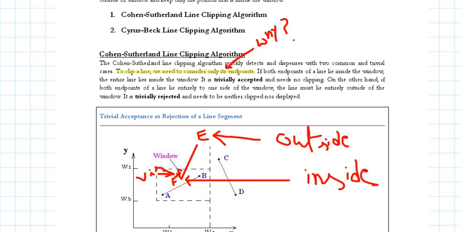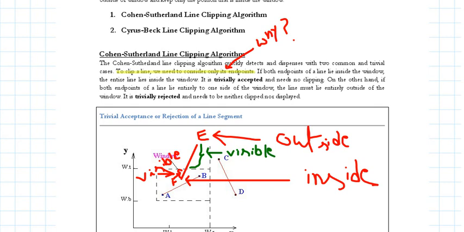Here, the portion of the line which I have highlighted with red second bracket will be visible. But if you look at this portion of the line highlighted with green second bracket, it will not be visible. So here you need to clip this portion.